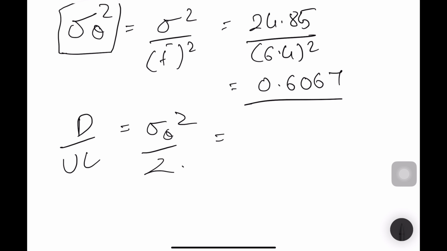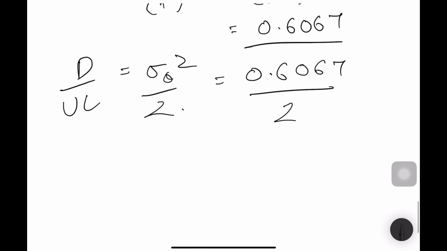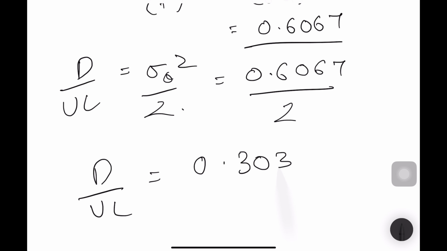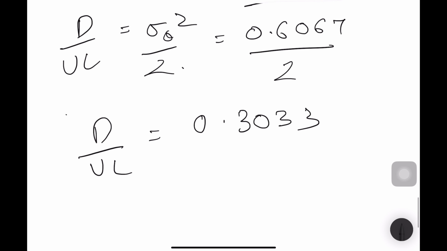We have already calculated sigma theta square, which is 0.6067, divided by 2, which comes out to be D by uL equal to 0.3033. This is our final result.